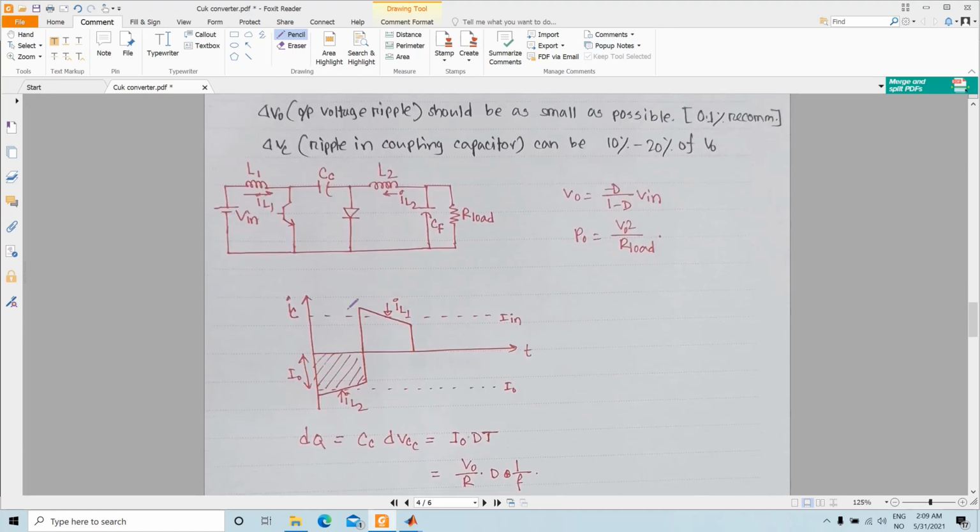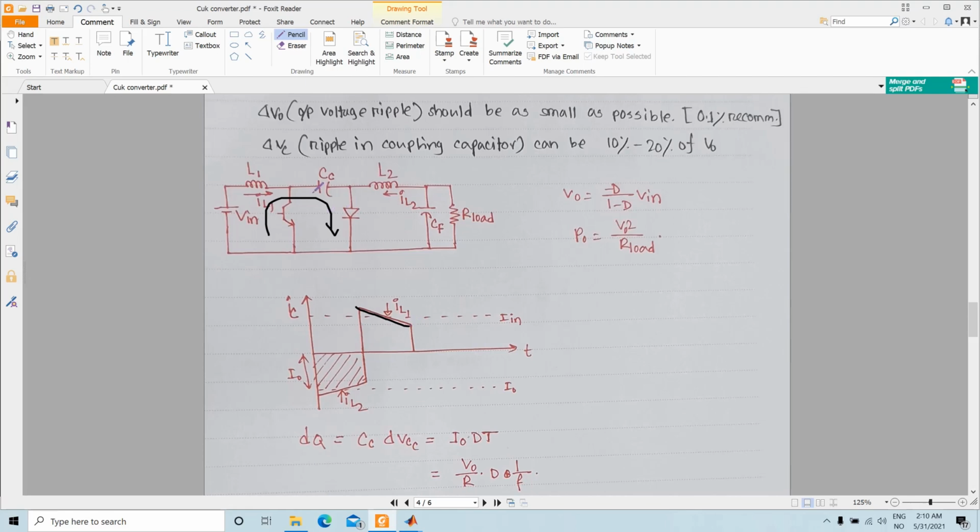So our IC, the coupling capacitor current, is basically like this. When this capacitor is charging, at that time the capacitor current is the same as IL1.